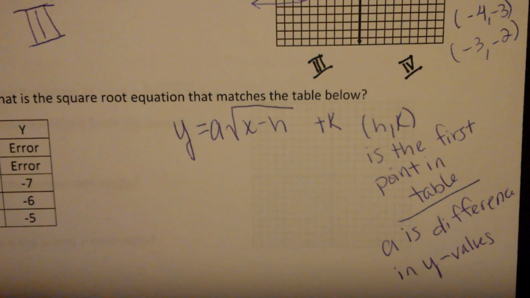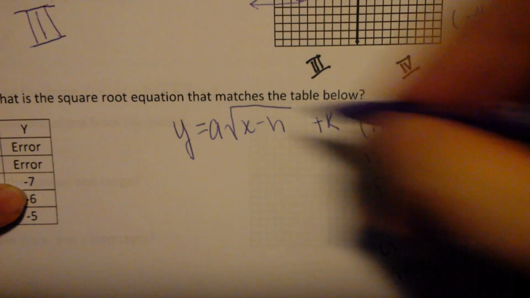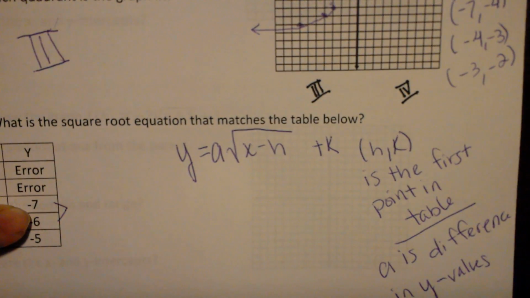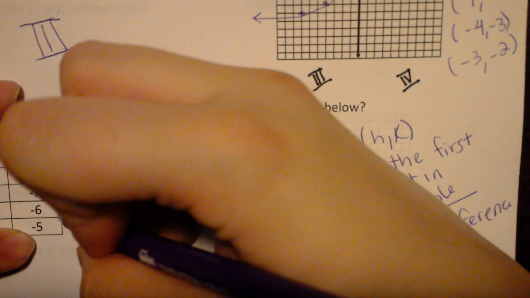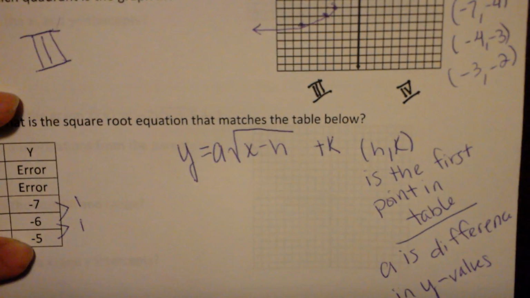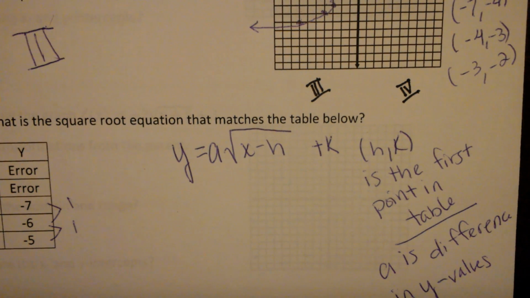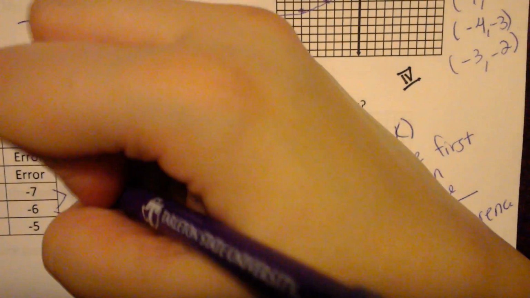So the difference in my y values, here I'm increasing by 1 each time. The difference is 1, the difference is 1. So here a is 1. So there's no stretching, no compressing.